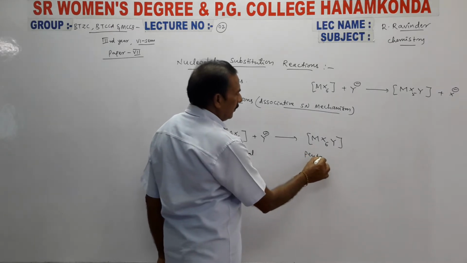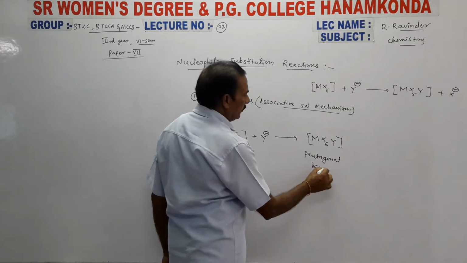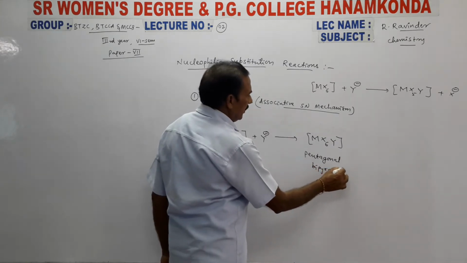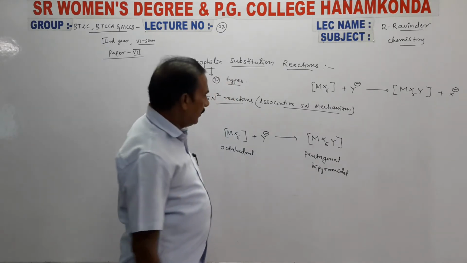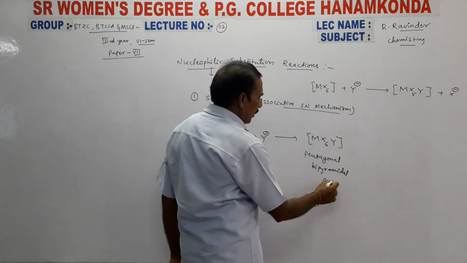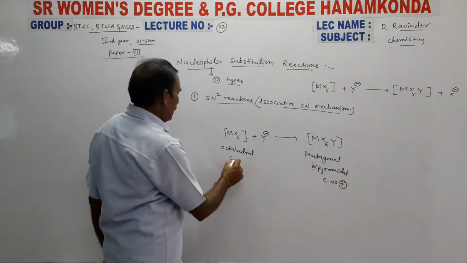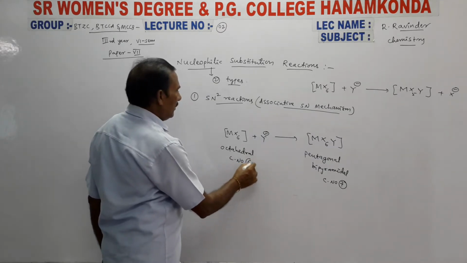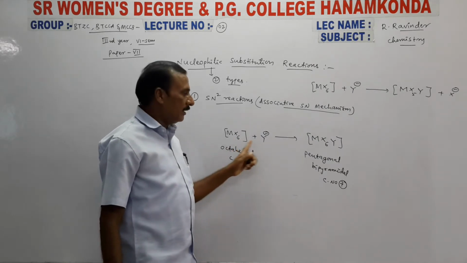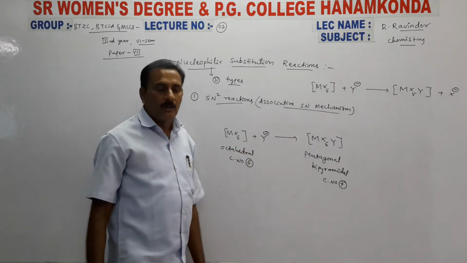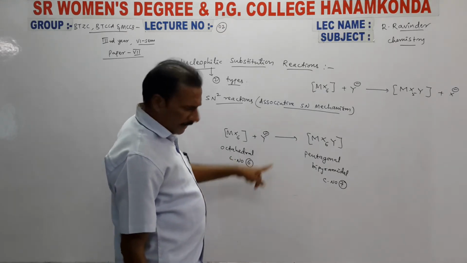Pentagonal bipyramidal shape, and the coordination number here is 7. Here the coordination number is 6 for the octahedral; coordination number 6 is called octahedral, and 7 is known as pentagonal bipyramidal. This is the new ligand or nucleophile.